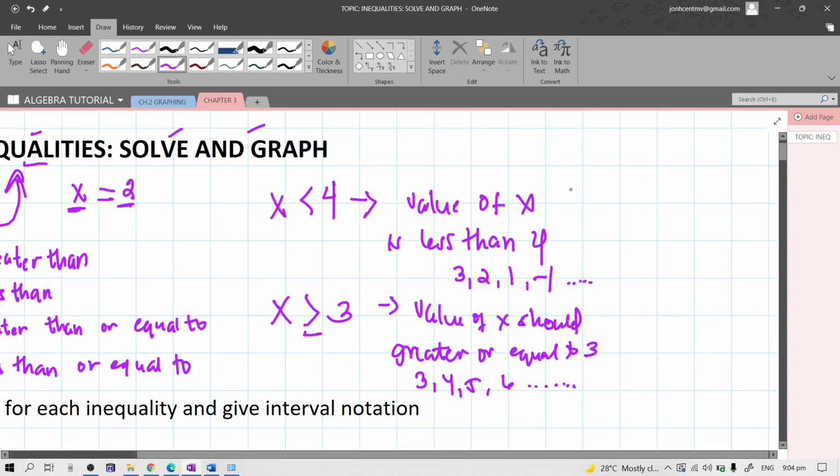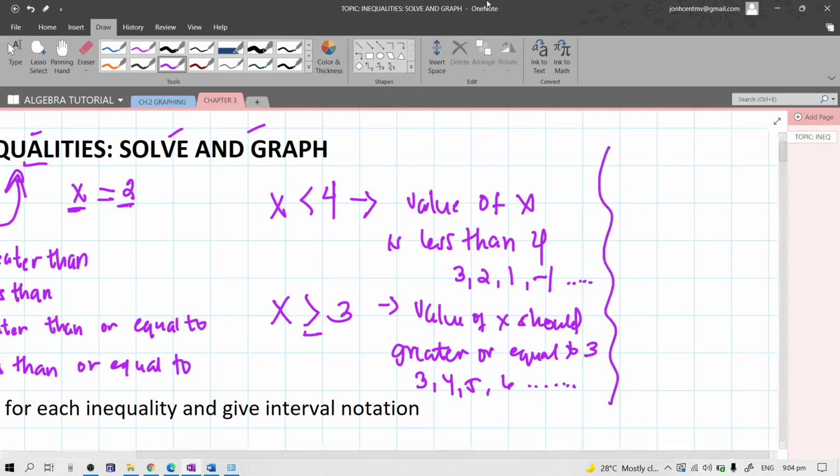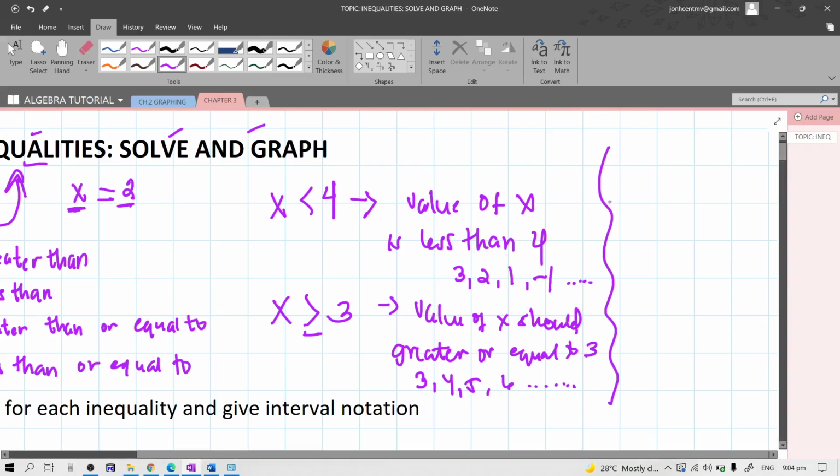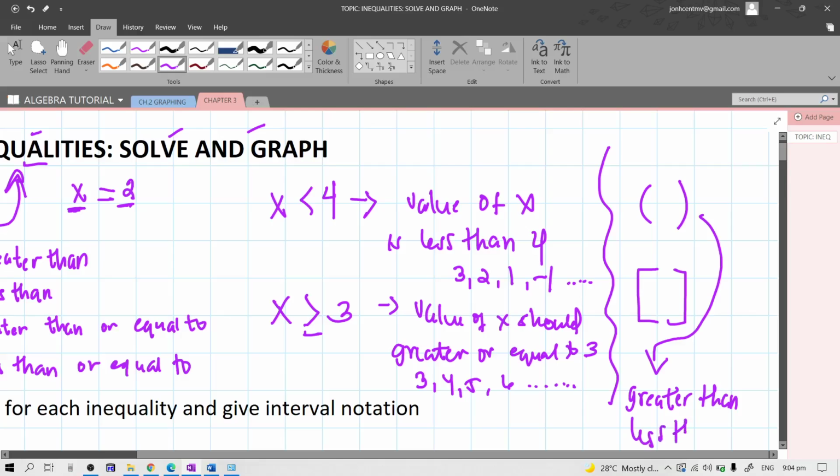And also, let us take note of some of the other symbols that we will use. So, we have brackets, and we have parenthesis, and we have the bracket. So, ito, ginagamit ito para sa mga greater than, tapos less than.